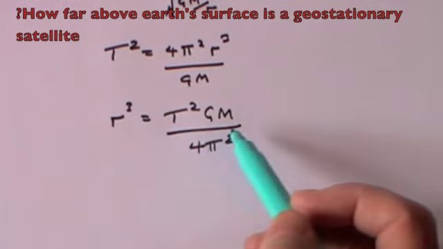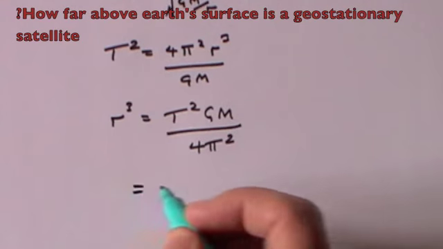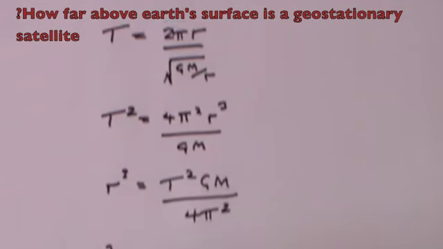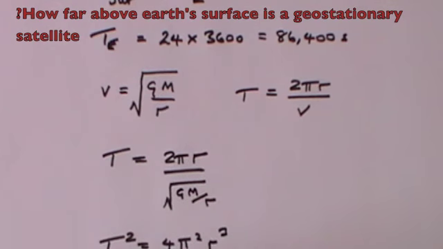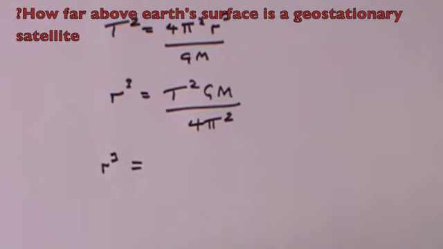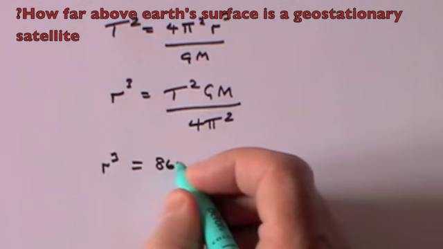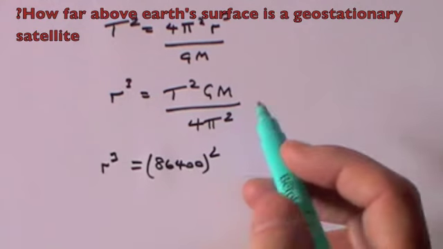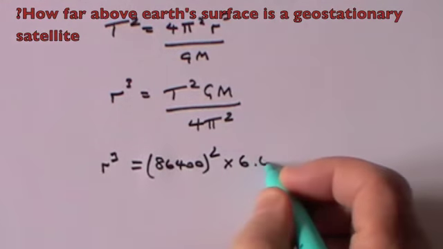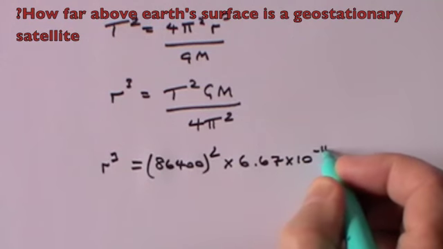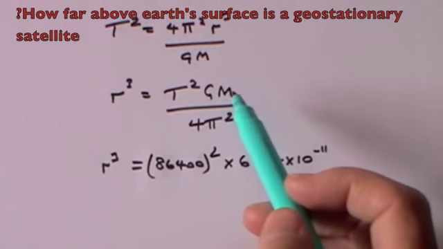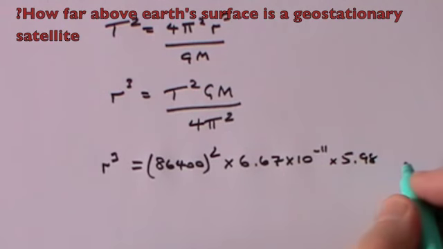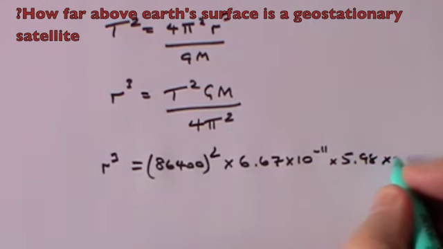If you calculate all of this, you'll find that r cubed is equal to T, which we established earlier in seconds is 86,400 seconds. So it's going to be 86,400 squared, that's T squared, times G, which is 6.67 times 10 to the minus 11, times M, the mass of the Earth, which is 5.98 times 10 to the 24.